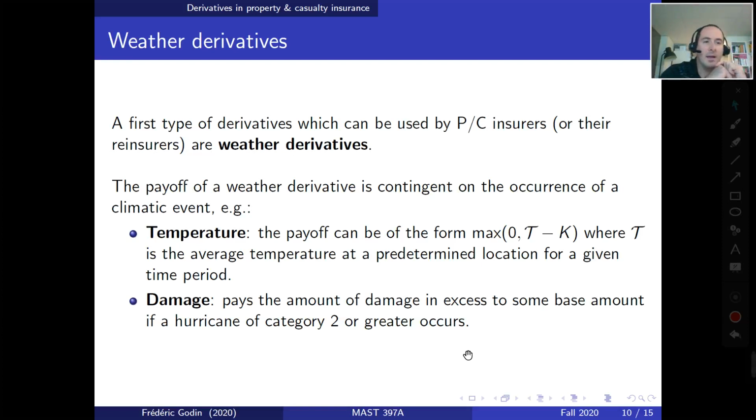So again, this is a nice risk management tactic to make sure that you have available funds when you need them.